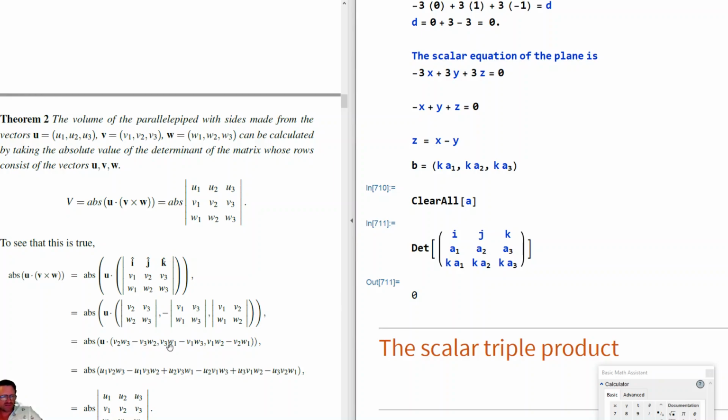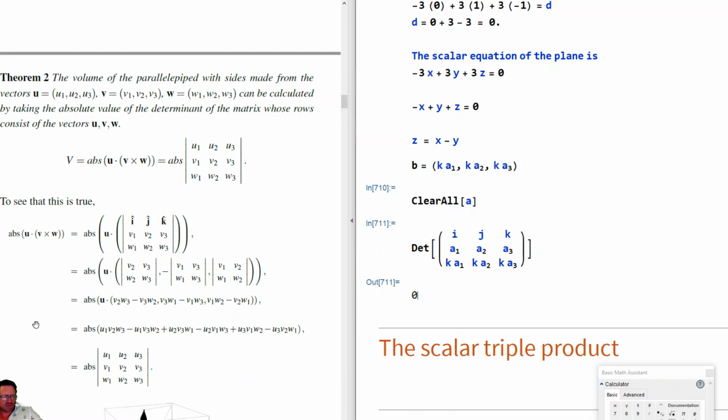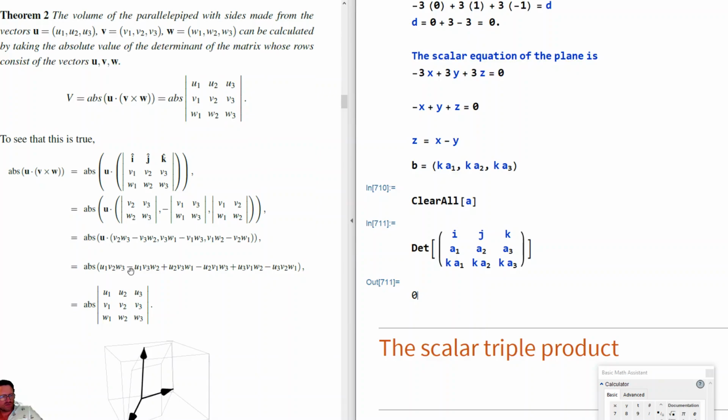So we calculate that determinant, we get this, it looks a little bit messy, and then we dot that with u, and so we've got to multiply u1 times this, u2 times this, u3 times this, and then add the result. Alright, and take the absolute value. So you'll note that it's the same as when you take the absolute value of this determinant.